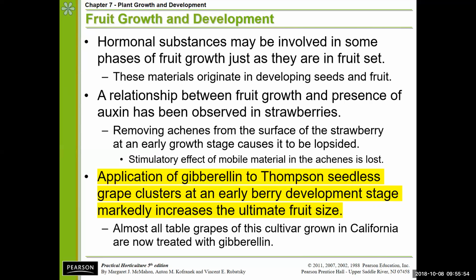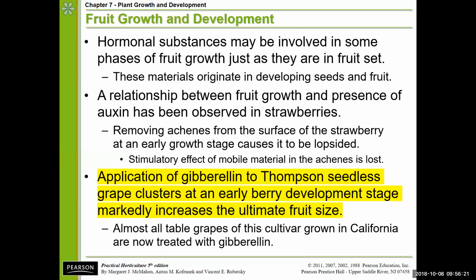Some plant scientists out there were experimenting, saw this happen, and today this is a common commercial practice. Almost all the table grapes that we see, not just of this cultivar, the Thompson seedless, but of almost all cultivars, are now treated with gibberellin because it causes the grapes to be larger.